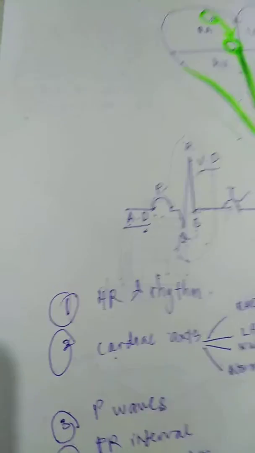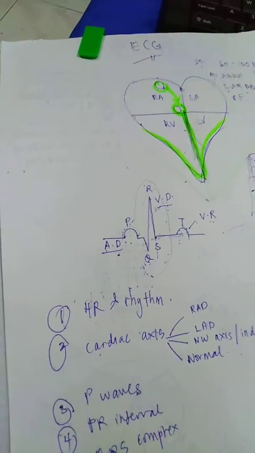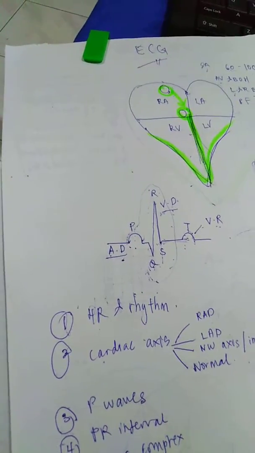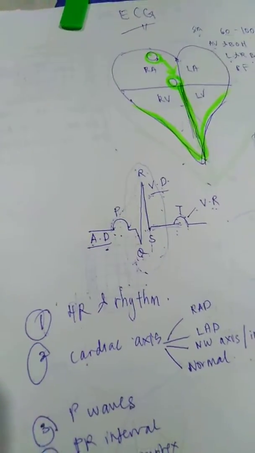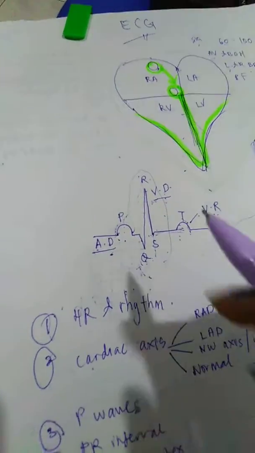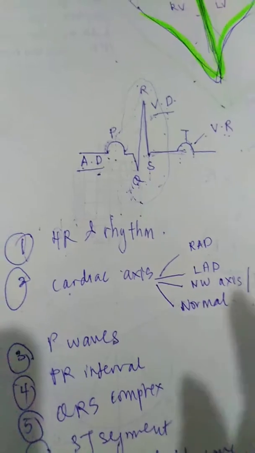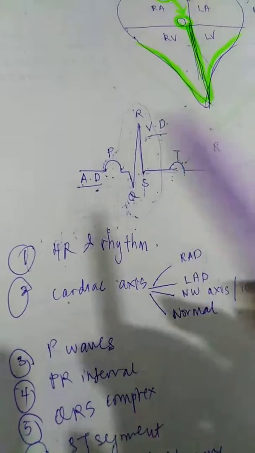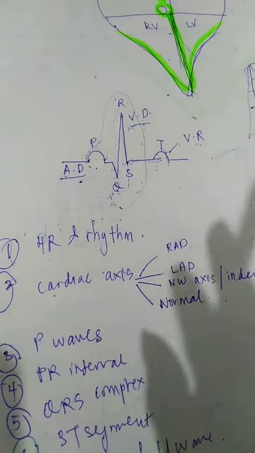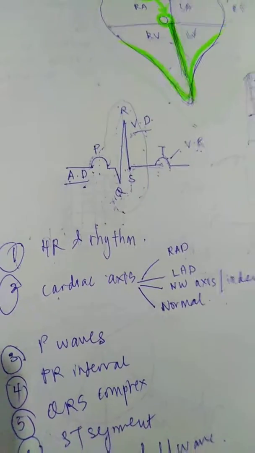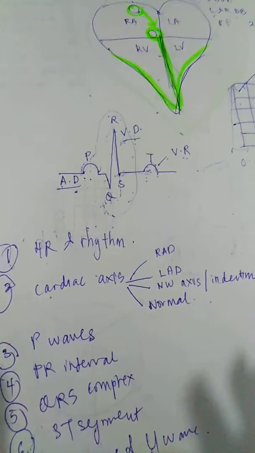To calculate your heart rate, first you need to look at how regular your entire ECG strip is. Heart rate can be calculated using the following method, but you have to see if the rhythm is regular or irregular.